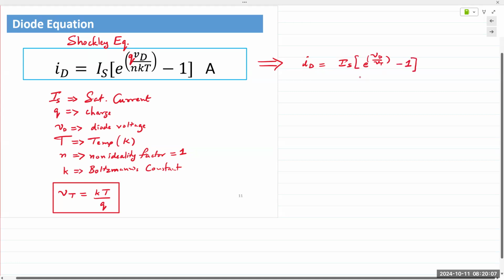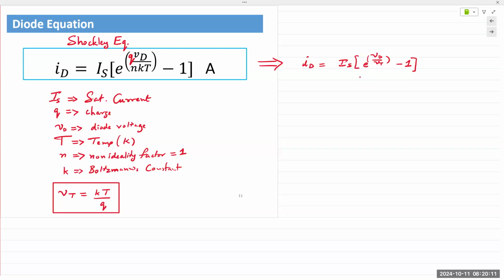Q over KT is 1 over VT, the thermal voltage, and N is typically 1. And so the equation can be simplified to the saturation current times E raised to VD over VT.